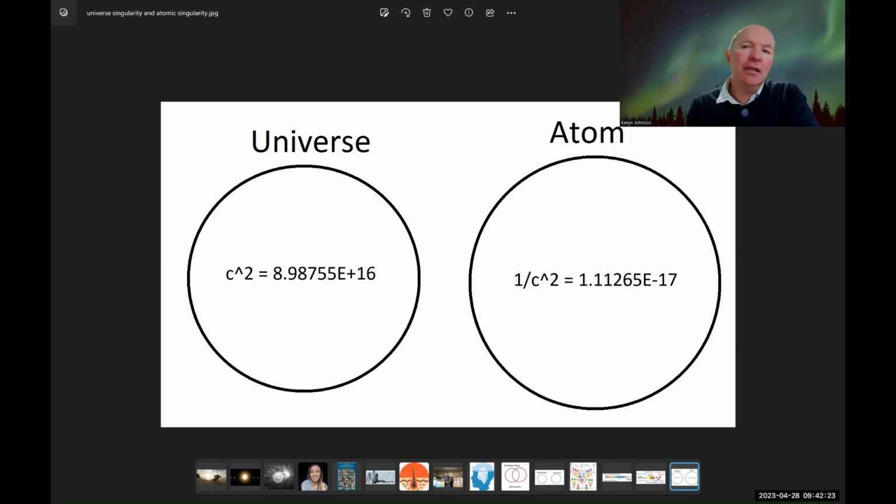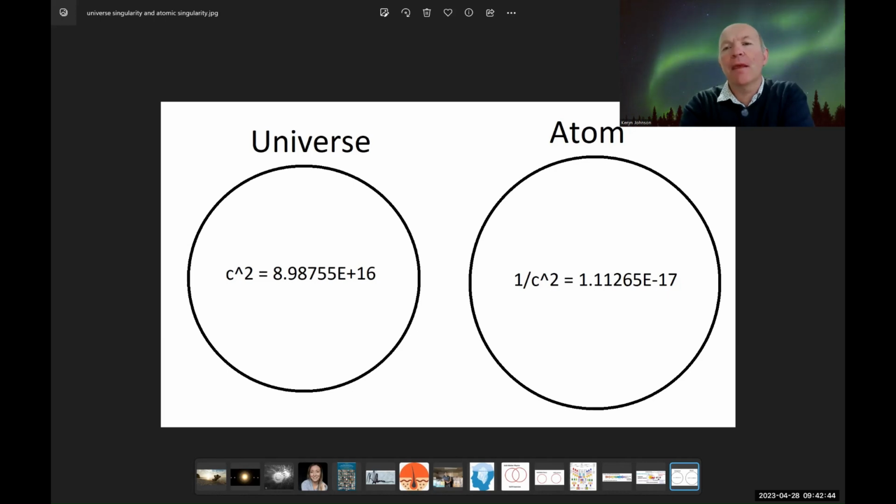So today I'd like to look at some features of the supersymmetry inversion model that I'm developing. It starts with this He-BEC isotropic universe, the diameter of which is c².